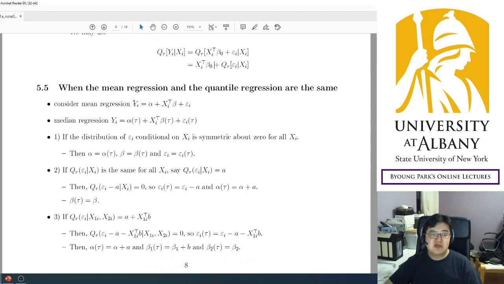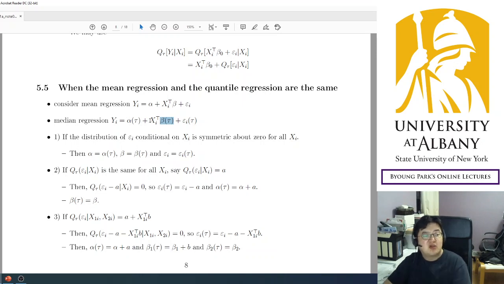And finally, when are the mean regression and the quantile regression the same? Consider that the mean regression goes like this, and the median regression is written this way. By the way, the intercept alpha and the slope beta may be different if you use a different quantile. Different quantiles imply different coefficients.